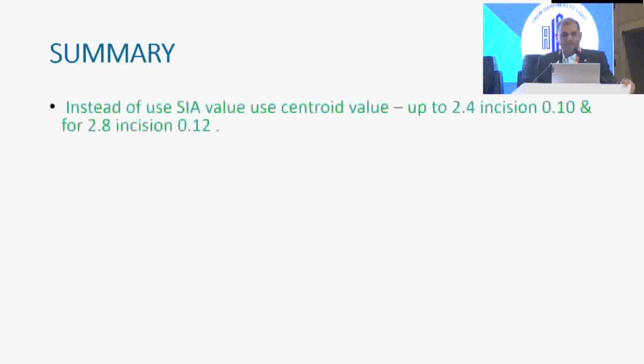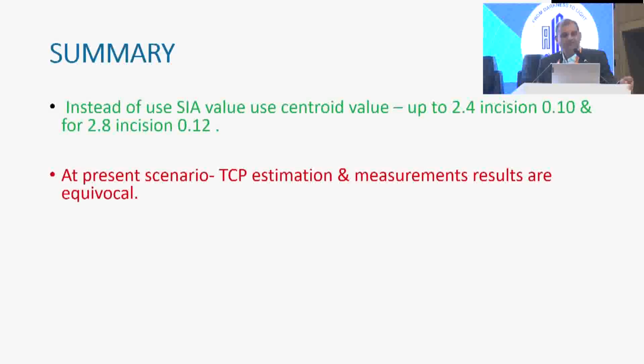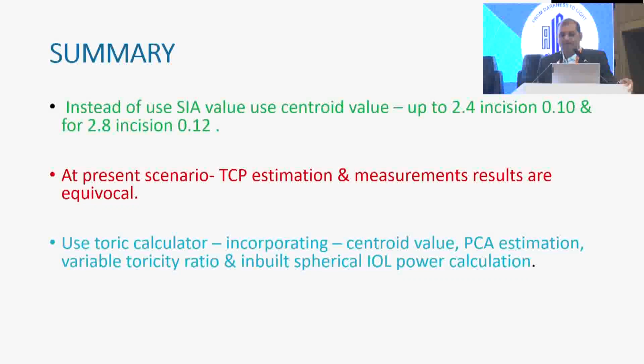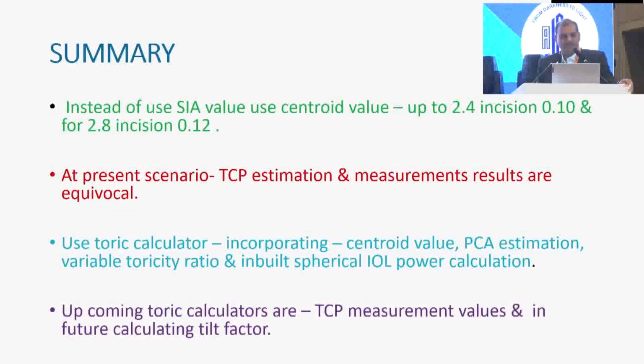So in summary, instead of using an SIA value, use a centered value: up to 2.4 mm incision 0.1, up to 2.8 mm 0.12. In the present scenario, total corneal power estimation and measurement results are equivocal. Use a Toric calculator which incorporates a centered value, PCA estimation, variable toricity ratio, and spherical IOL power calculation together.